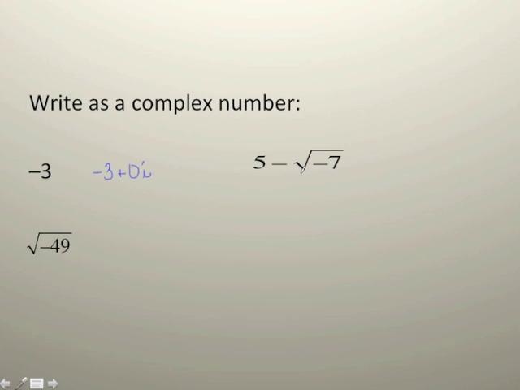Here we need to change this into the i, so this could be the square root of negative 1 times the square root of 7. The real part is 5 minus i times the square root of 7. This is a case where we do put the i in front of the b.